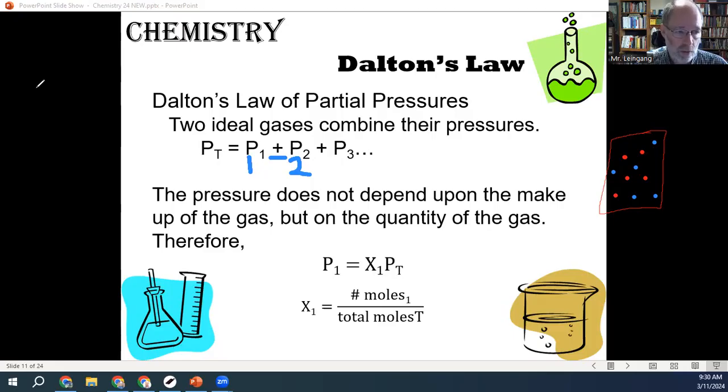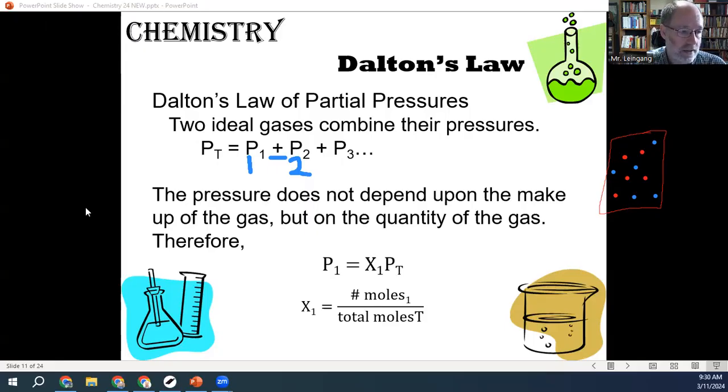So the total pressure in the system, in my red box, so to speak, is the combination of the gases and their individual pressures. It says the pressure does not depend upon the makeup of the gas, but on the quantity of the gas.